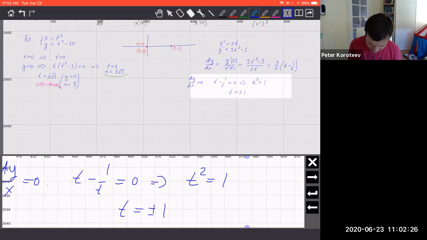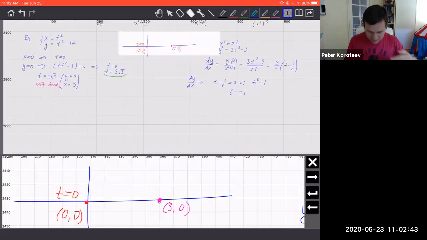So 1 is between 0 and square root 3, and minus 1 is between negative root 3 and 0. So the tangent of the curve will be horizontal between those values, somehow in this area in the middle.